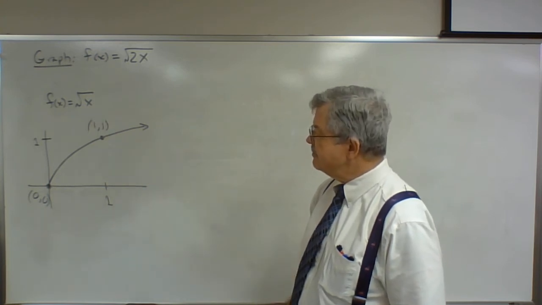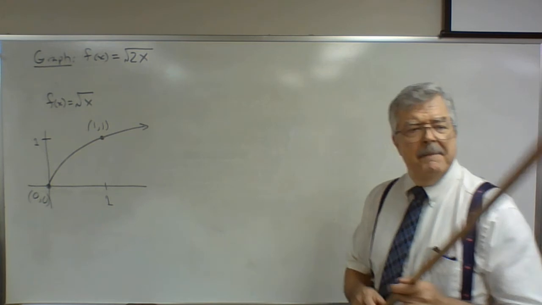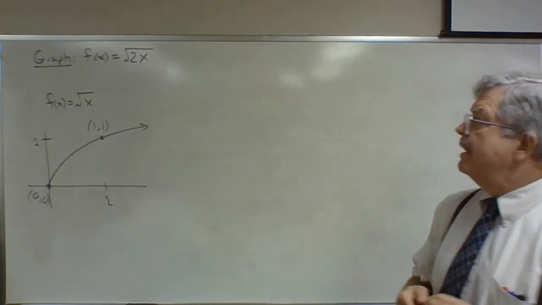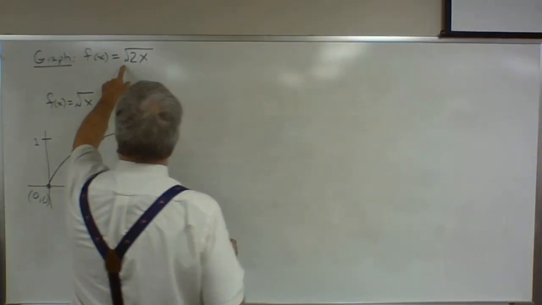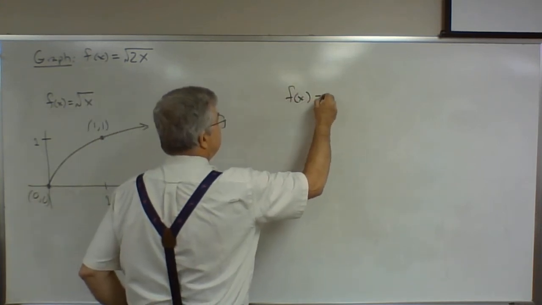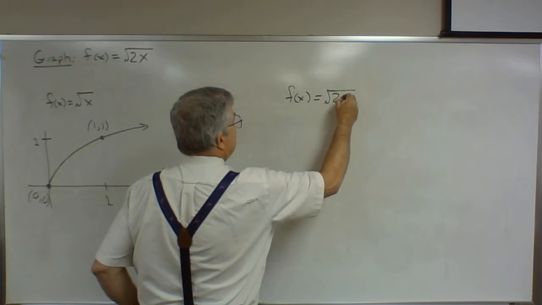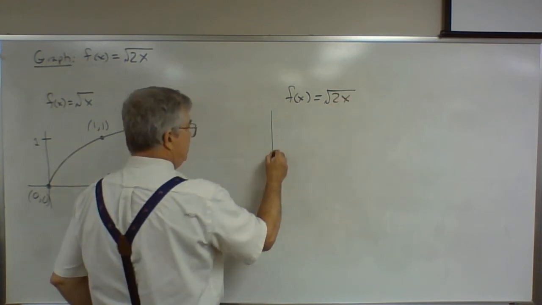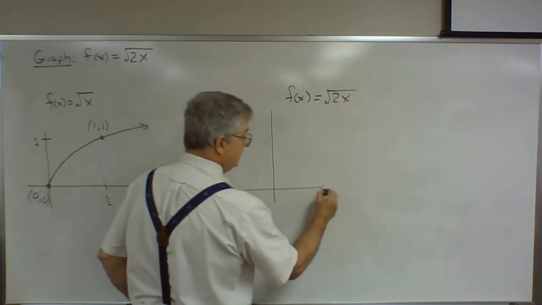Here's the graph. And the graph of f of x equals square root of 2x is going to have the same shape, but the horizontal scale is going to be different.